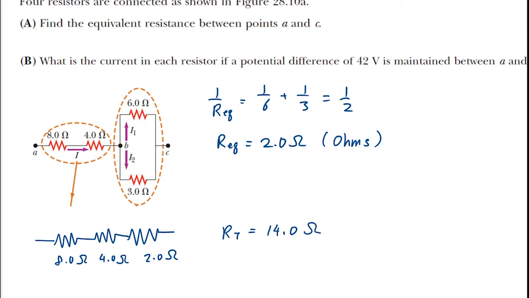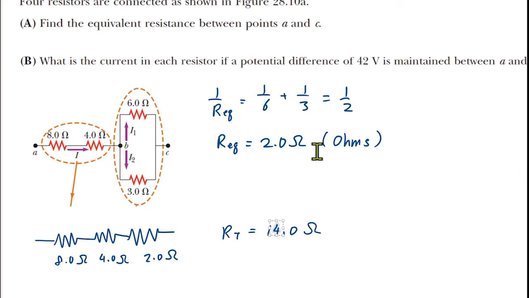You notice that this is 6 and this is 3, but if you put the two of them in parallel, it's smaller than either one. That makes sense because remember, resistance is inversely proportional to the cross-section thickness. So if you put them in parallel, you're in fact making it wider, thicker. You know what I'm saying? So that physically makes sense too.